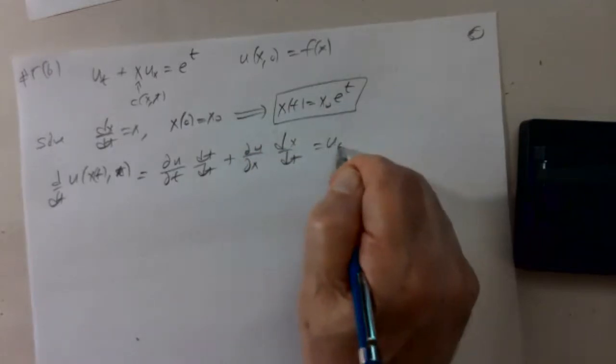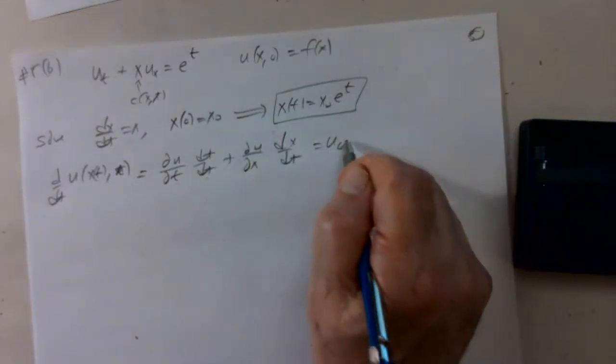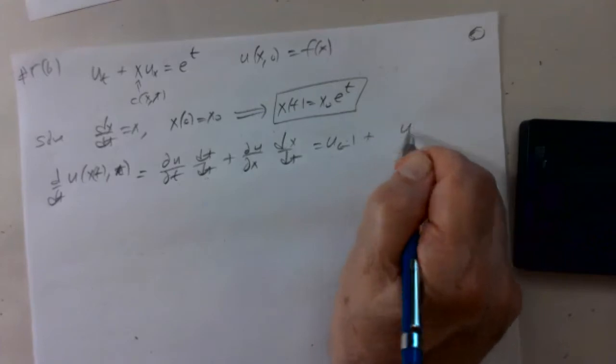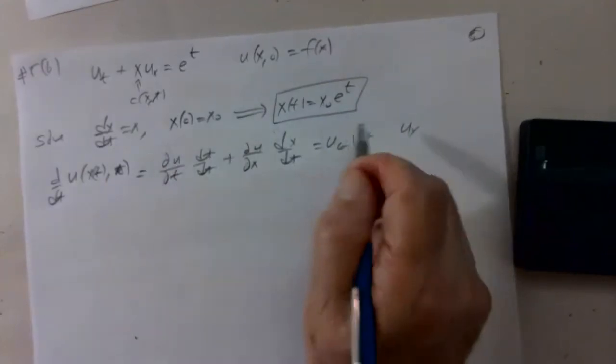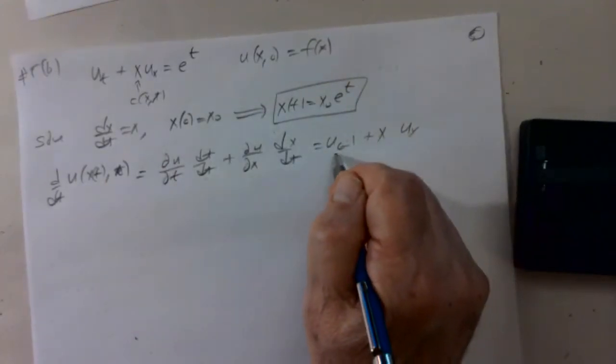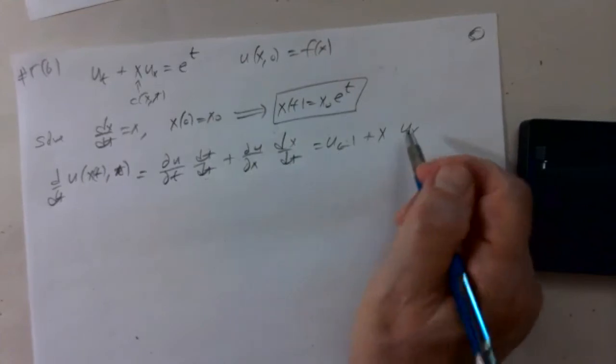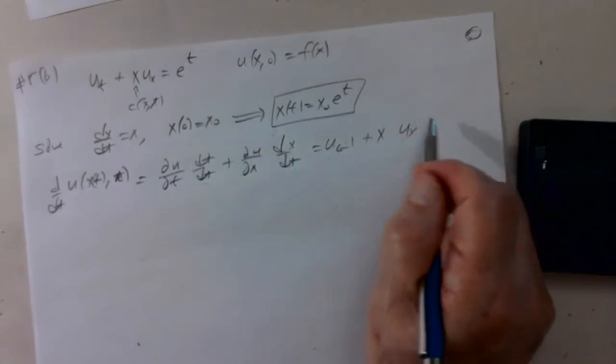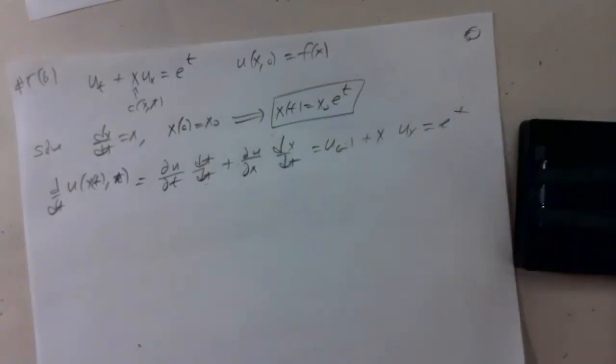This is u sub t times 1 plus u sub x, and dx/dt is equal to x. So this is u_t plus x u_x. That's supposed to equal e to the t.